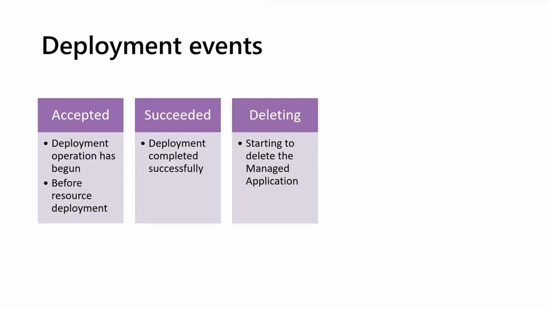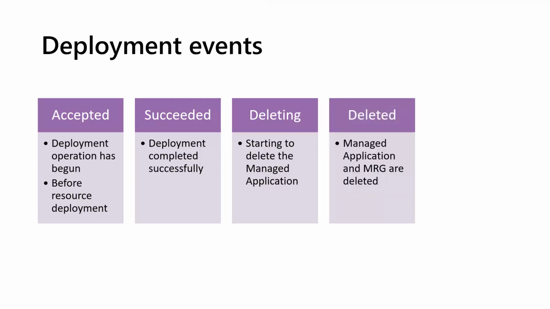When the customer decides to delete the managed application, it will also delete the managed resource group, but in any case, you'll get a deleting event on your webhook that indicates that deletion has started. Finally, you'll get a deleted event notifying you that the managed application and the managed resource group have been successfully deleted.